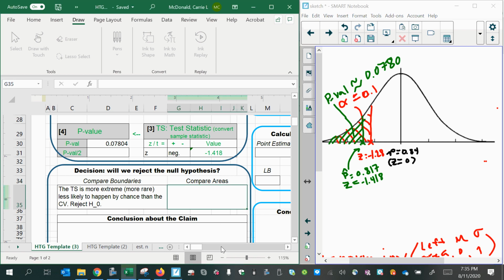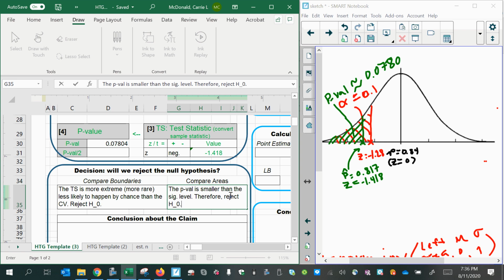So we can say that here. The p-value is smaller than alpha, or you could say than the significance level. Therefore, reject H sub 0.